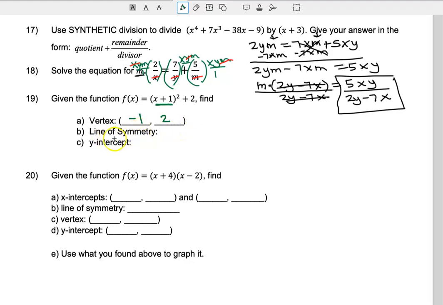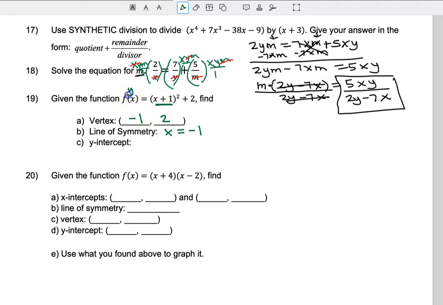Right. Okay, now our line of symmetry is always going to be that vertical line that goes through the vertex. And it's always going to be whatever our x is there. So our line is x equals -1. And then our y-intercept, to find y-intercept, we let x be 0 and solve for y.